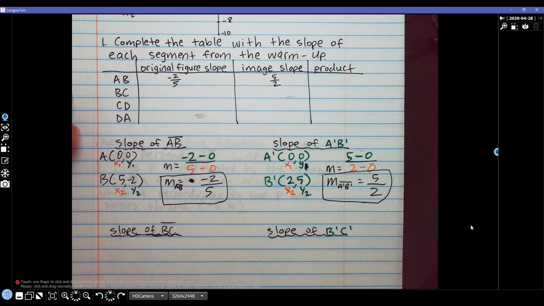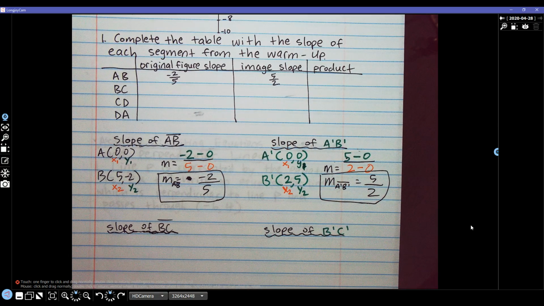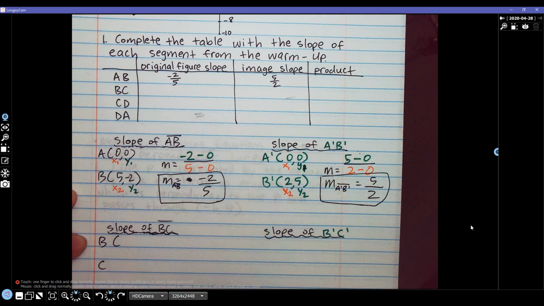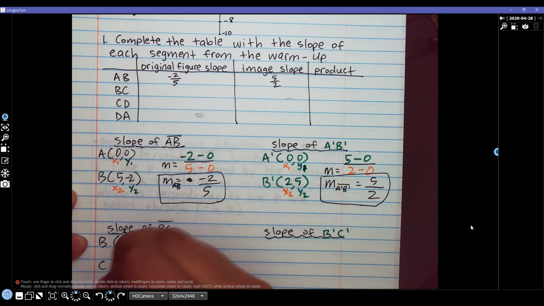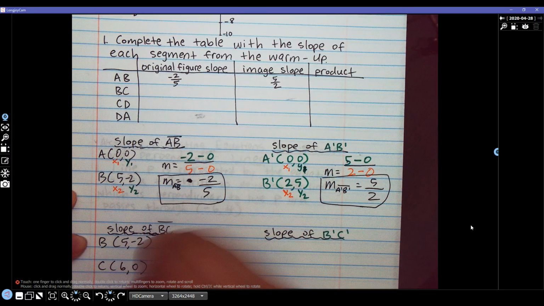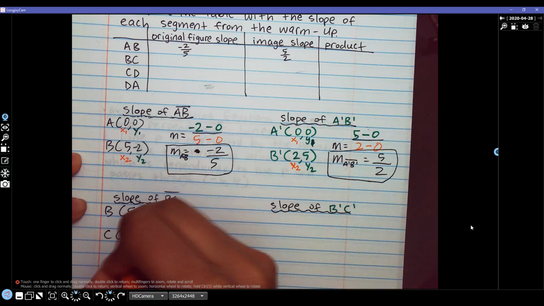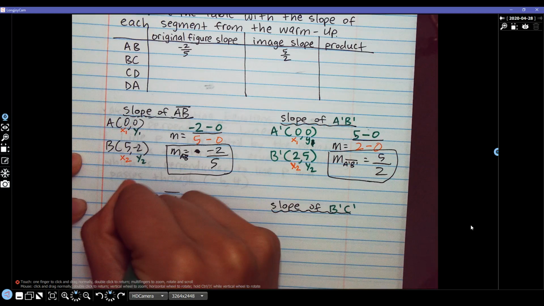So for segment BC, let's write our coordinates. B is at 5, -2, and C is at 6, 0. So let's make this my x1, x2, and then we've got y1, y2.